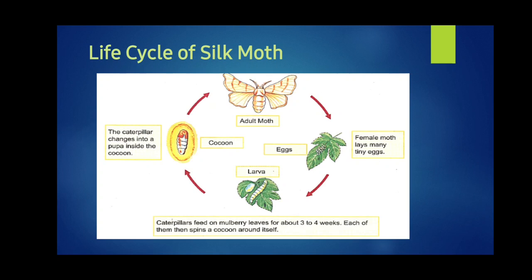While moving into the pupa, it has to build a net to hold it, and while building its net, it swings its head and produces a fiber, and this fiber hardens when it comes in contact with air, and this covering is known as the cocoon. From the cocoon only we are obtaining the silk fiber.